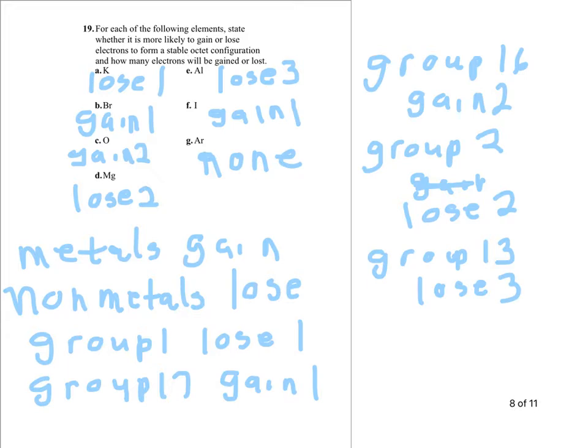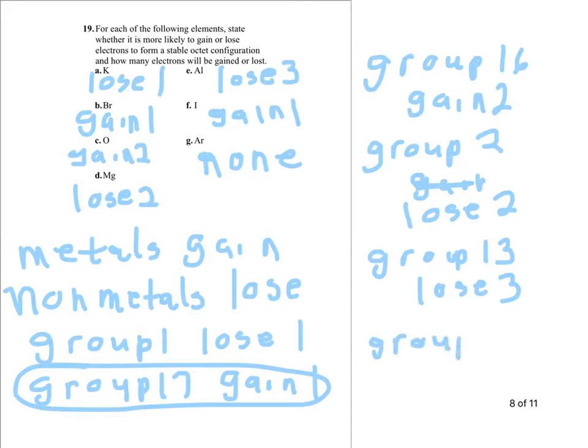Iodine, another halogen, still group 17, so it's going to gain 1. Argon is a noble gas. Noble gases neither gain nor lose. Group 18 are noble gases, no ions. No gaining or losing.